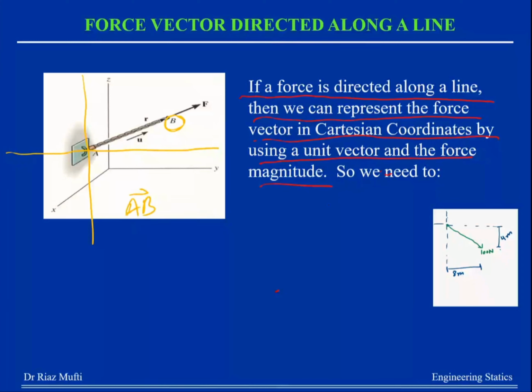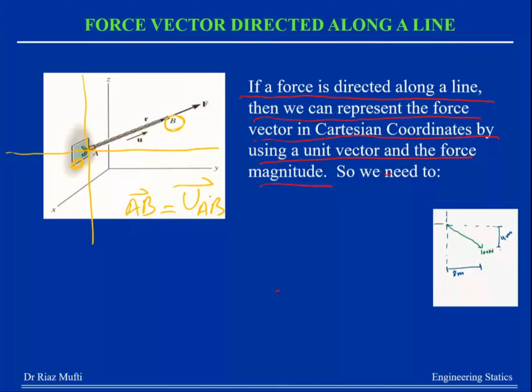A is on the origin here, and B is a point on the rope. I want the vector AB, so it's directed from A to B. So the position vector of AB will be UAB. That is the position vector.